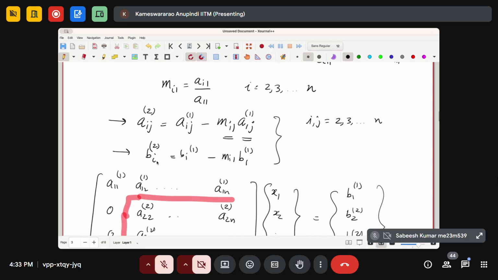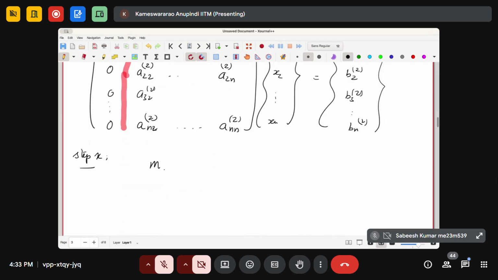Now I'm going to define them as mik as aik divided by akk. So earlier I had written mi1 as ai1 divided by a11. Now, instead of doing it for the first row, I'm doing it for the kth row, so I should replace 1 with k. Basically, I have mik equals aik by akk.